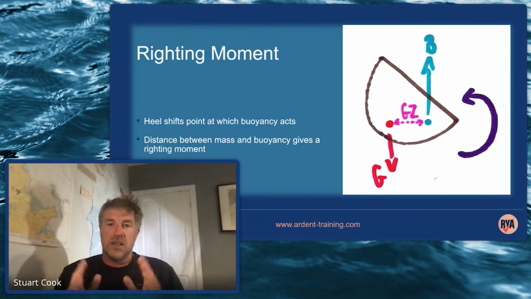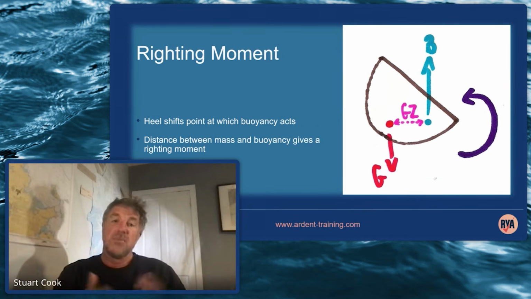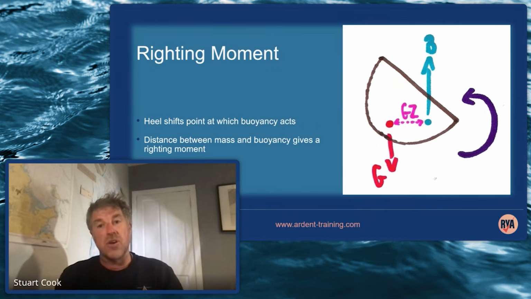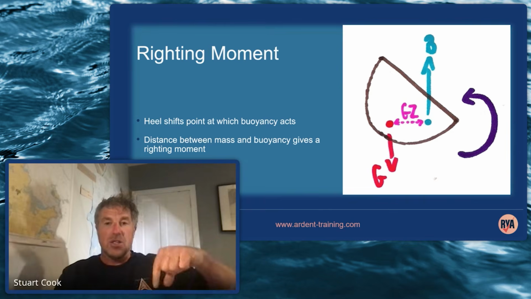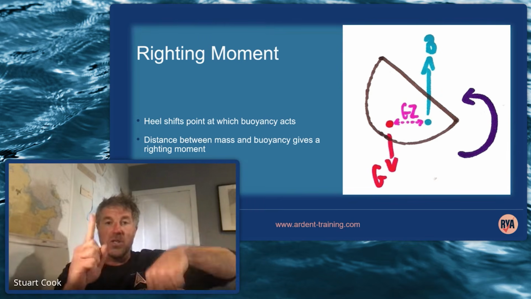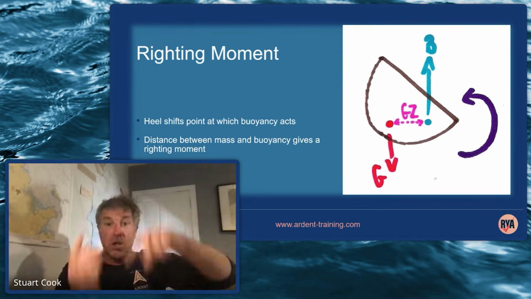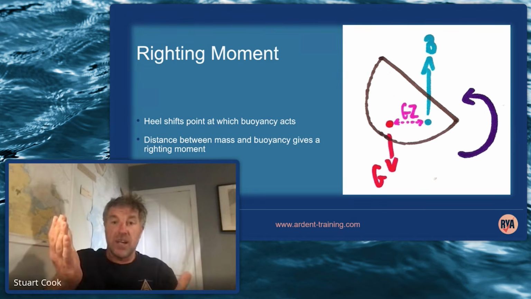And the distance between where the center of gravity is acting and the center of buoyancy is acting is known as the GZ. But for us, what we're more concerned about is what that's doing, and it's creating a righting moment. So if you look at the red arrow going downwards for gravity and the blue arrow going upwards for buoyancy, they're trying to act together to turn the vessel upright again.